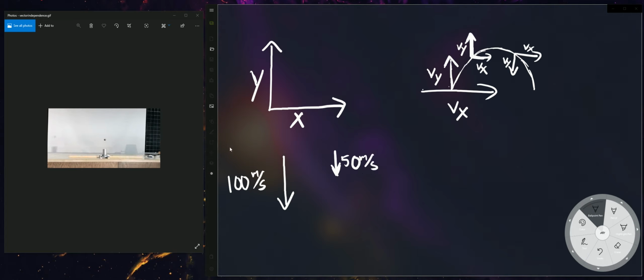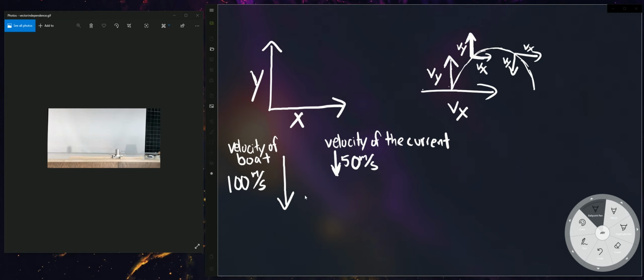Let's say this is the velocity of a boat, and this is the velocity of the water current.